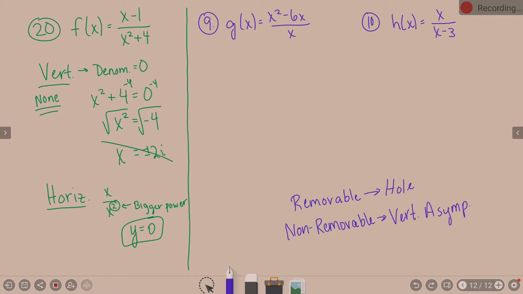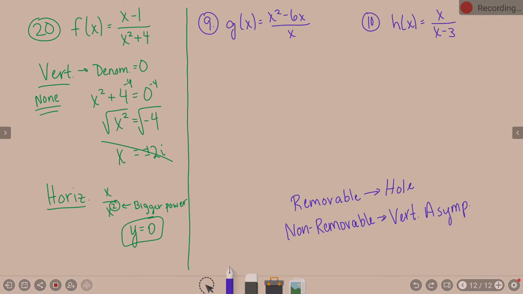As we look at this, knowing the fact we're talking holes and vertical asymptotes, whether it's holes, whether it's vertical asymptotes, the idea is you always set the denominator equal to 0, yes? Now the catch is, if it's a vertical asymptote, you set the denominator equal to 0, no big deal. If it's a hole, though, whatever that factor is that makes the hole, that factor is going to be in the numerator also.